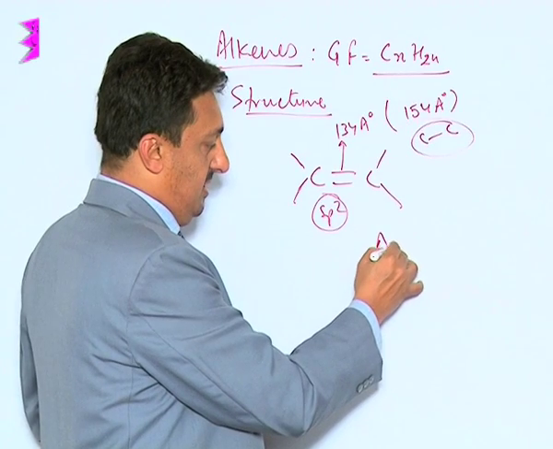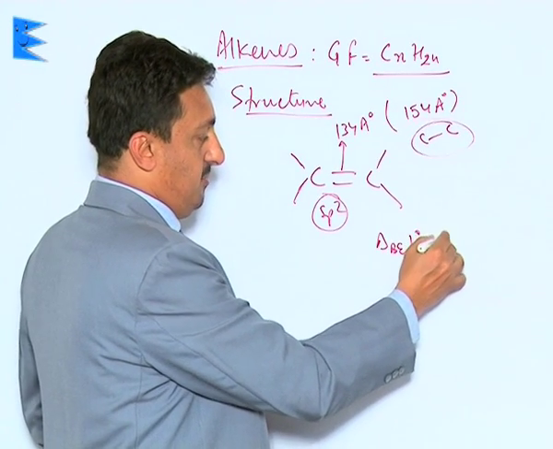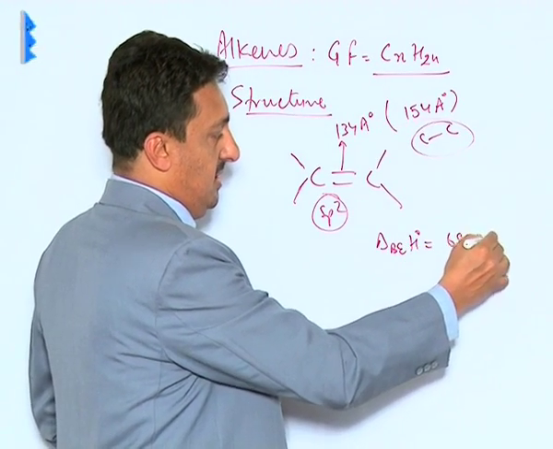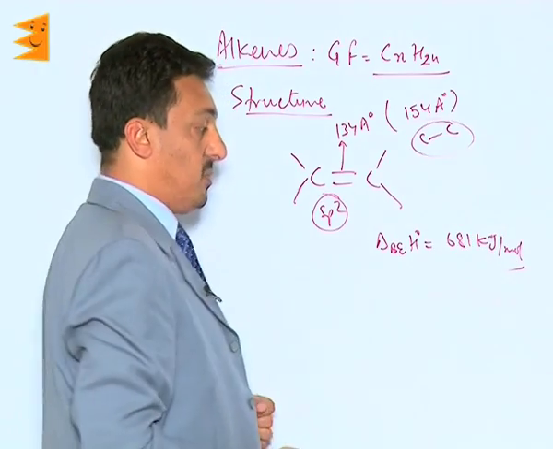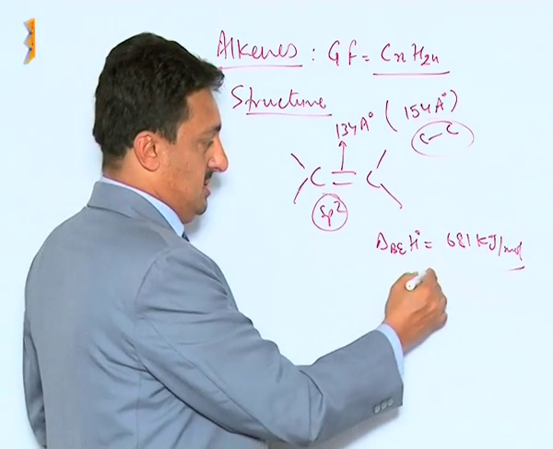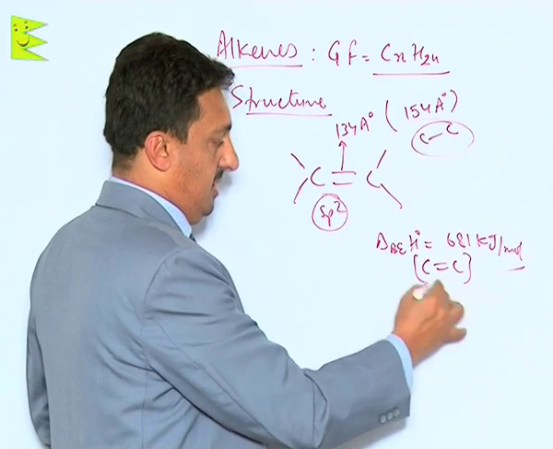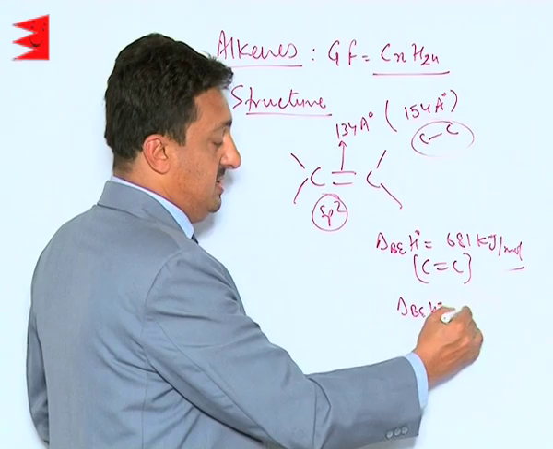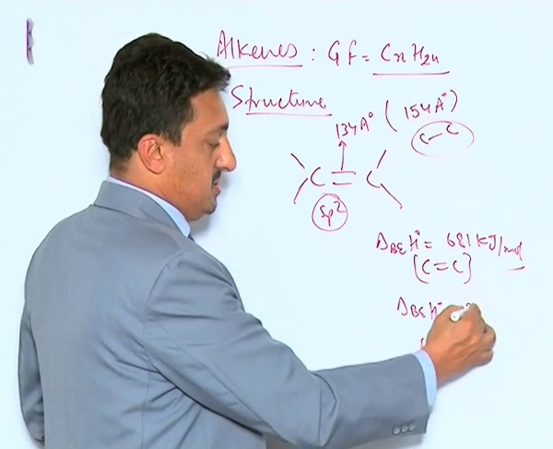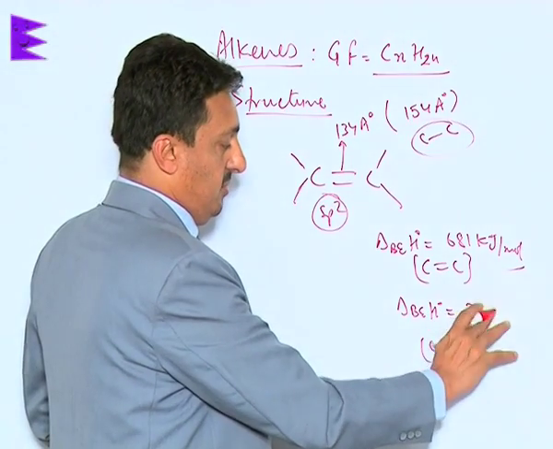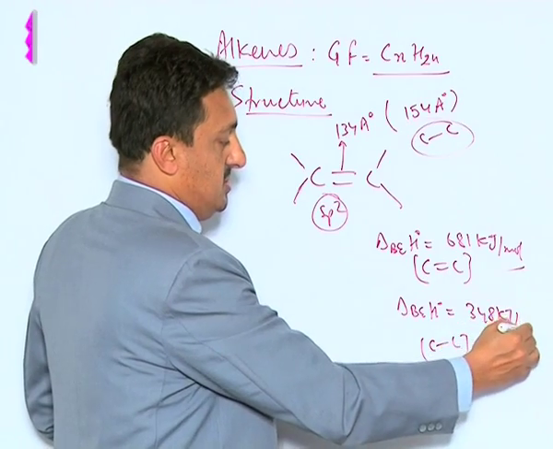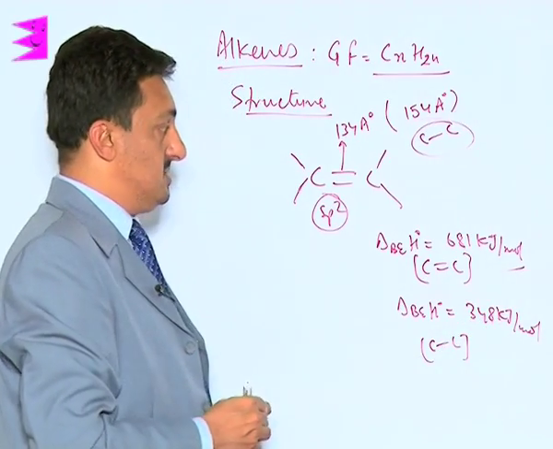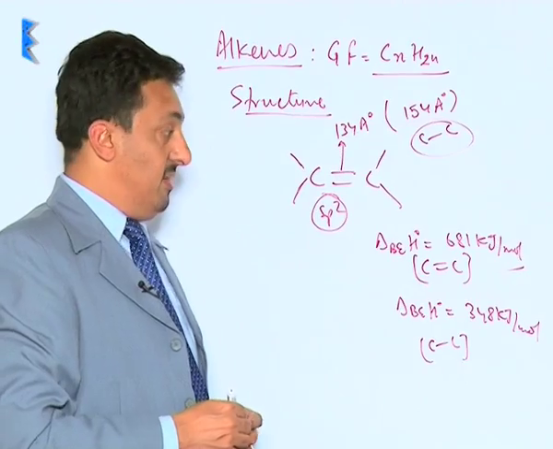The bond enthalpy of the ethene molecule, the C=C double bond I'm talking about, is approximately 681 kilojoules per mole, which is quite a bit higher in comparison to the bond enthalpy of the C-C single bond, which is approximately 348 kilojoules per mole. So this shows that they are very stable in the sense of their bond enthalpies.